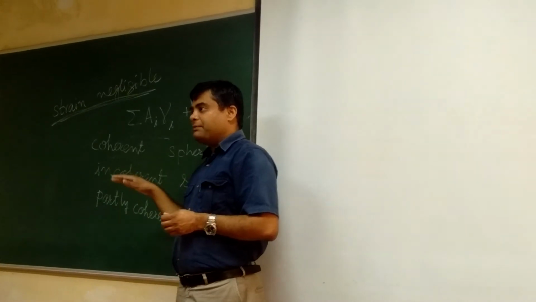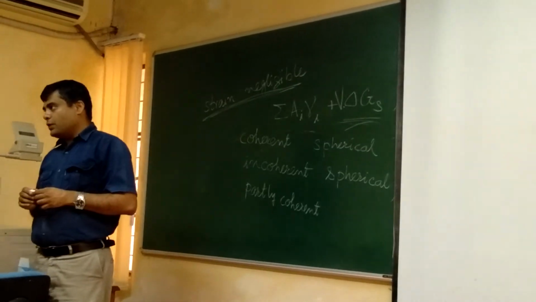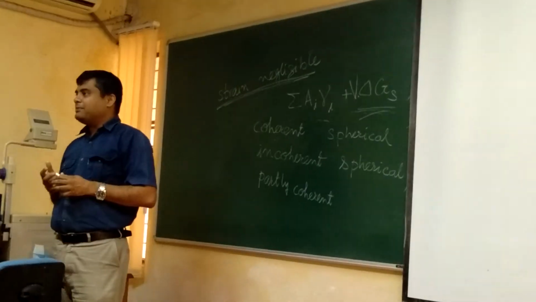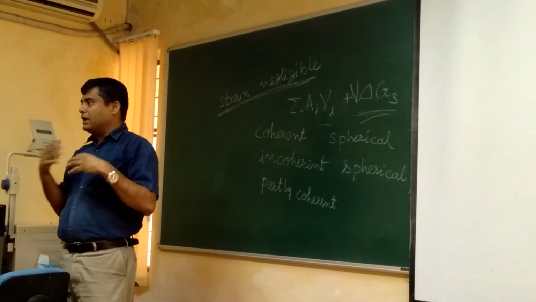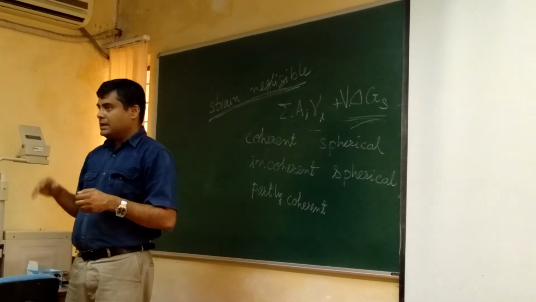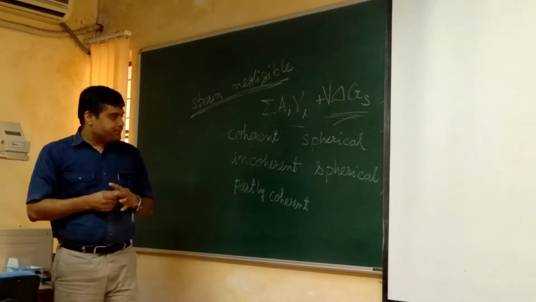So one of the interfaces is coherent, the other is incoherent, and usually the particle will try to have that coherent interface with low energy, it wants to maximize that. So it will be a broad face of that and the edges will be of incoherent type.